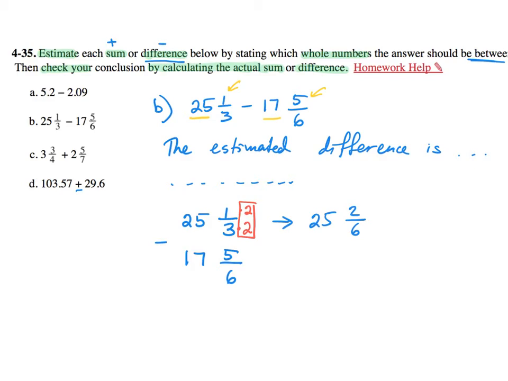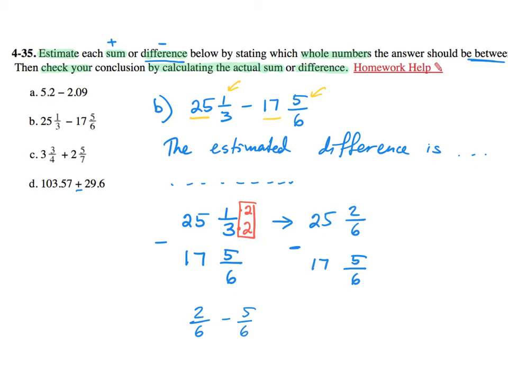And then 17 will stay the same and 5 6s. So right now, if I only had the fraction 2 6 minus 5 6, that's not going to help me because I don't go 2 minus 5. I don't have enough, so I need to borrow. So remember how we're subtracting?